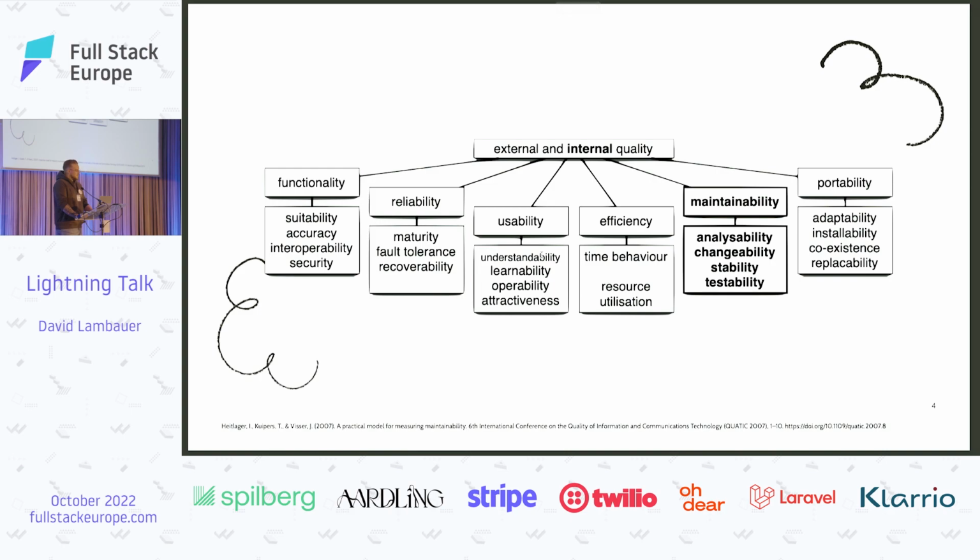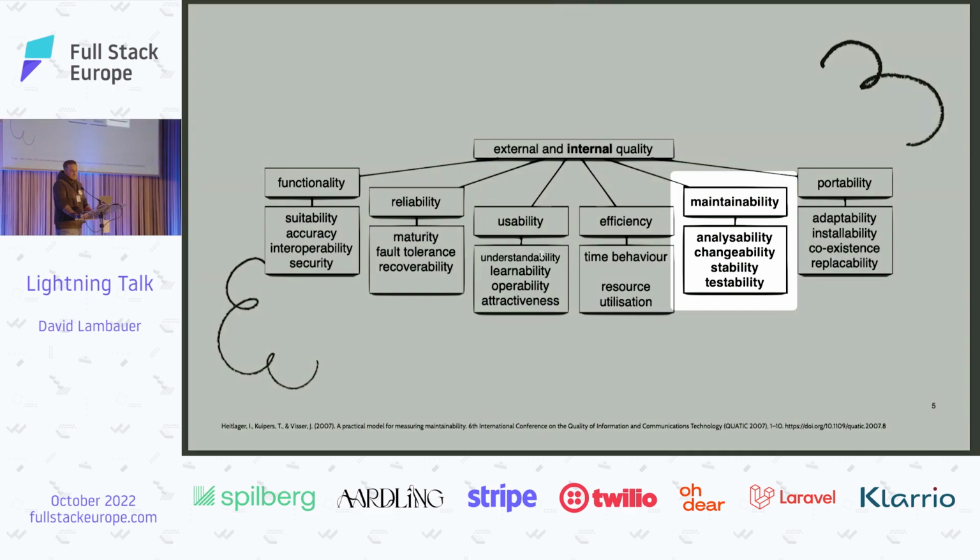There are a couple of very clever, scientific people that did exactly that. They sliced it up and made 6 different subcategories out of the term software quality. So we have functionality, reliability, usability, efficiency, of course maintainability, but also portability.